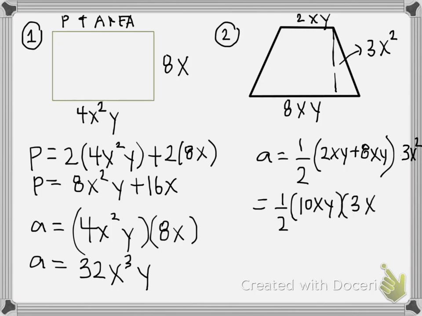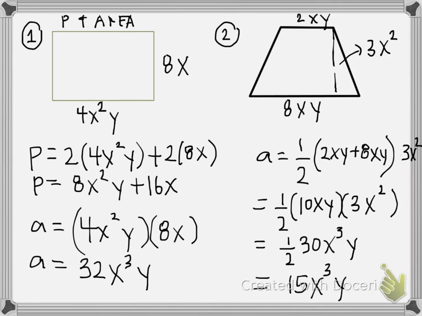Multiply it by 3x squared. So now you'll have a 1/2 times 30x cubed y. Half of 30 is going to be a 15. So this is going to be a 15x cubed y for your area.